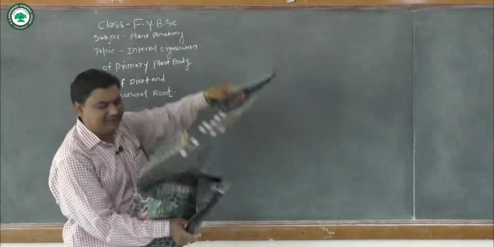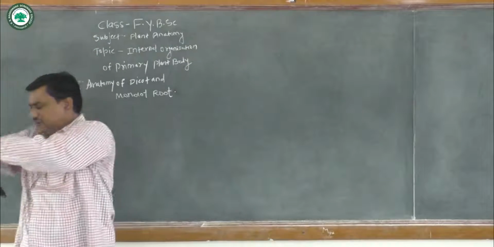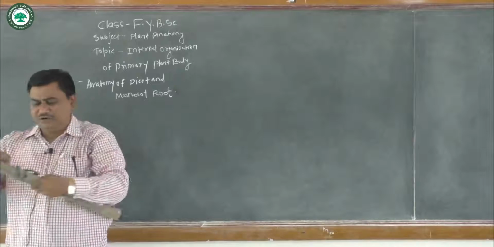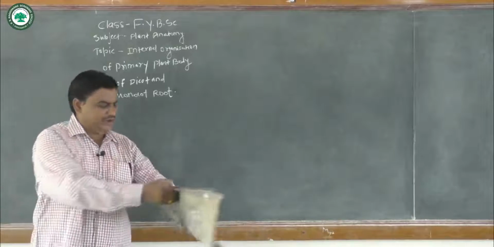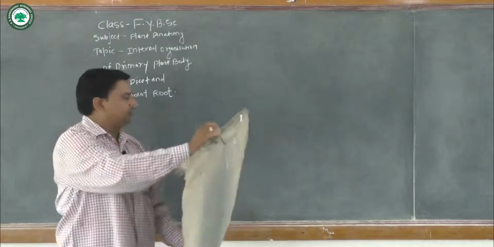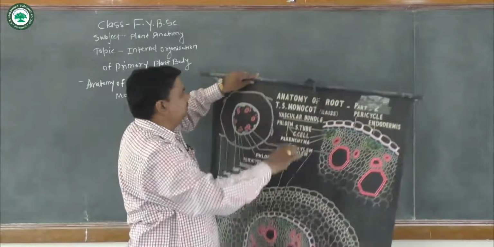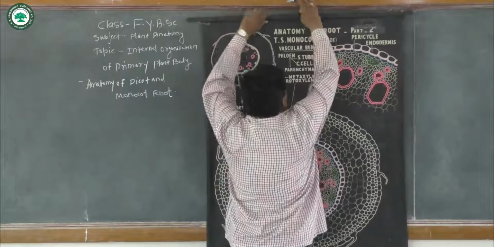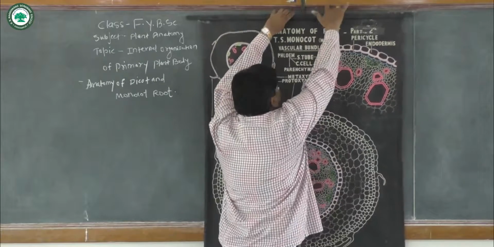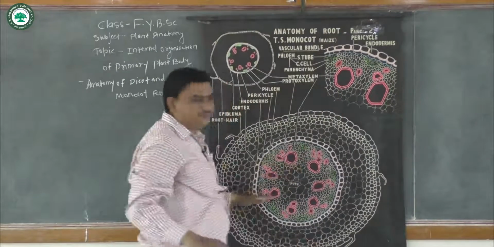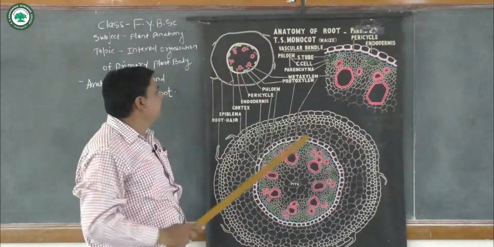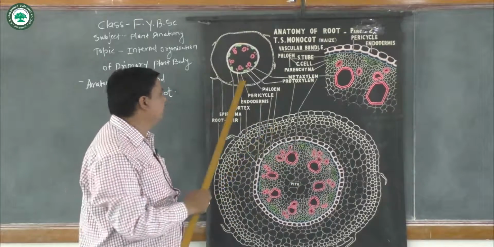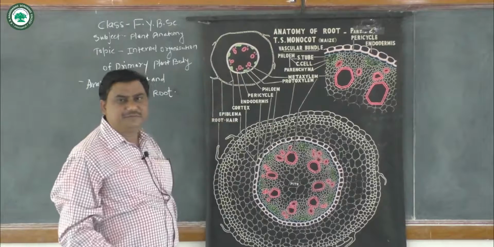Now we see the anatomy of the monocot root. This one is the structure of the monocot root. Here you can see both the ground plan and sector view.